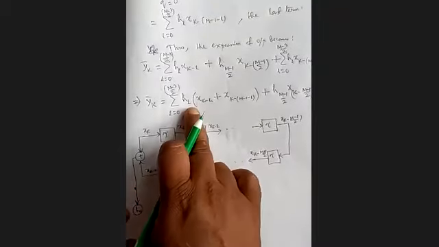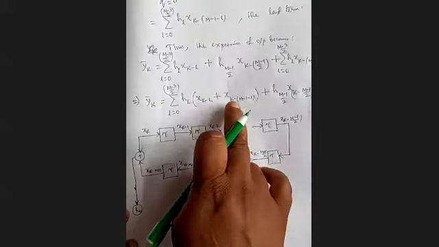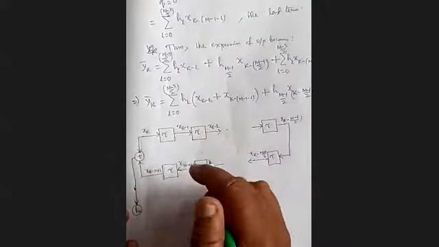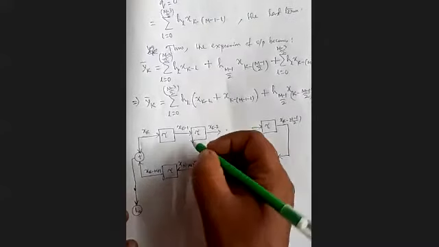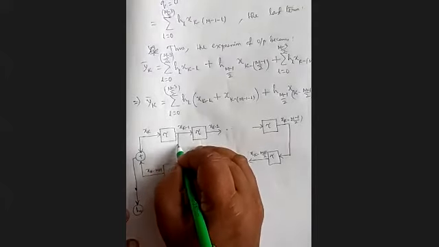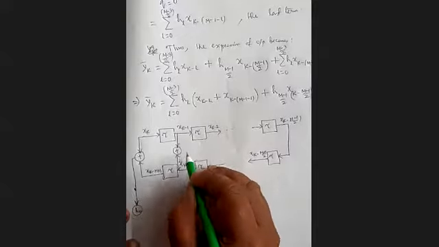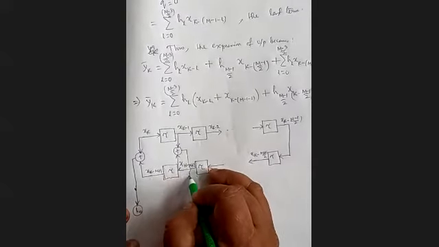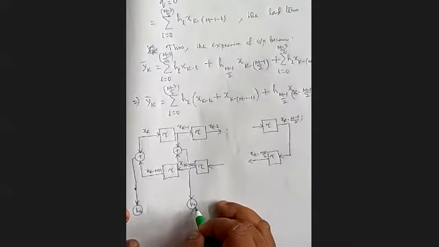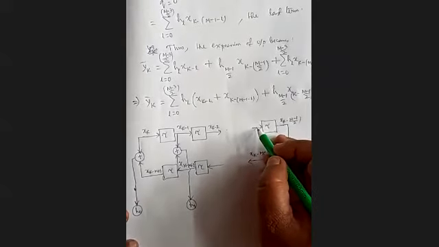Again put L equal to 1. So x k minus 1 and x k minus m plus 2 will be added, and the result is multiplied with h1.